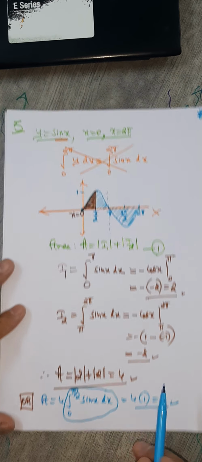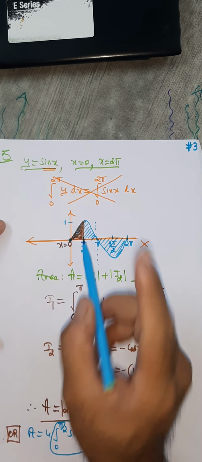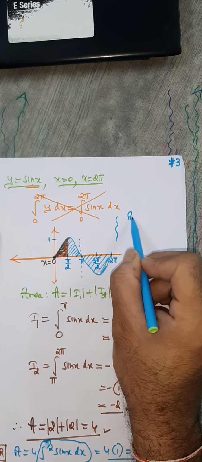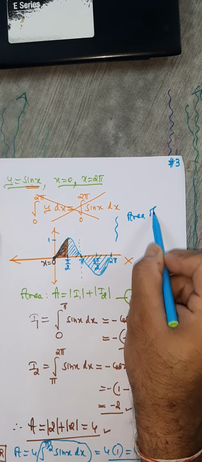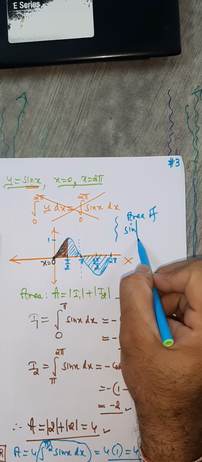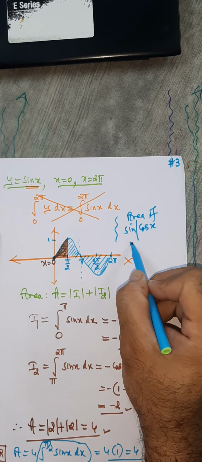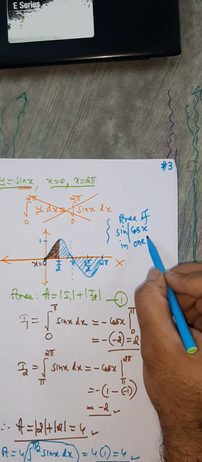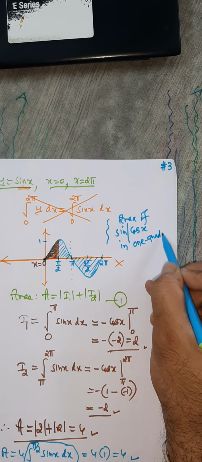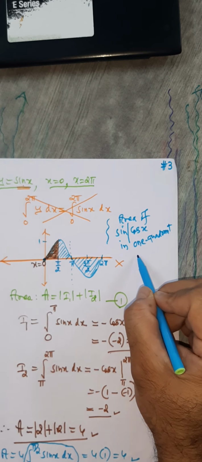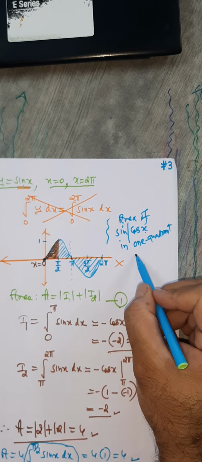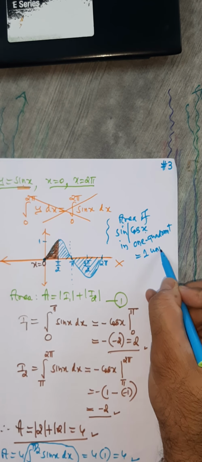Remember, the area of the sine function in one quadrant is 1 unit. You just remember this. In MCQ it might be useful. Area of sine or cosine in one quadrant, take any quadrant, in one quadrant it is 1 unit.